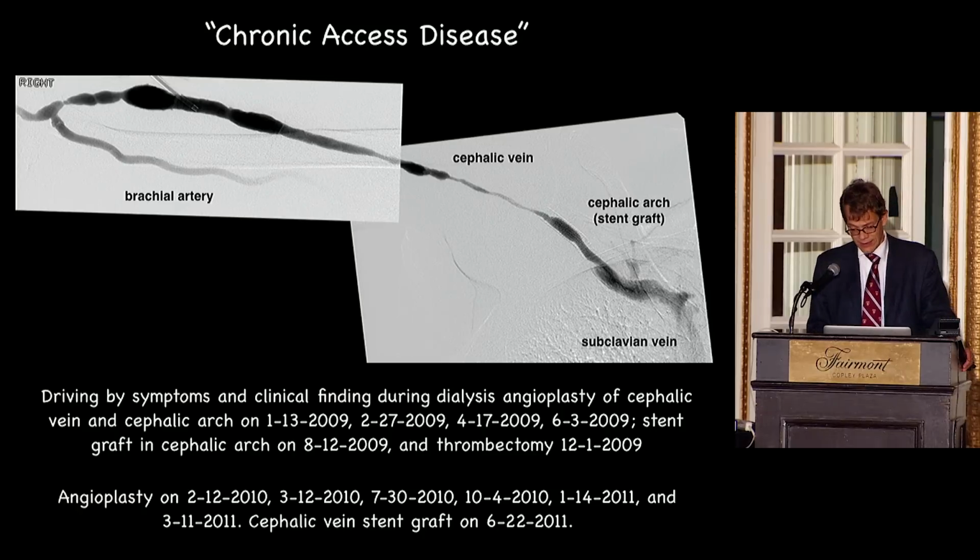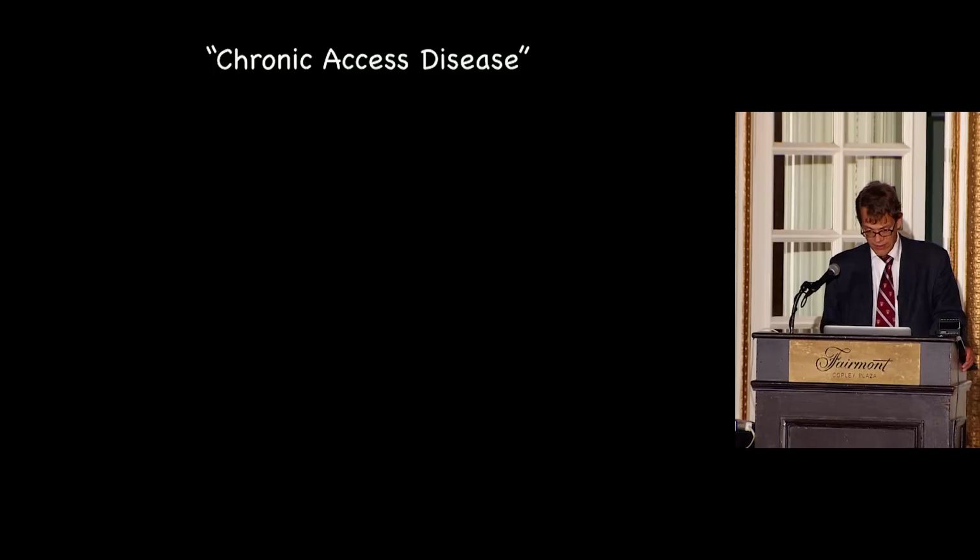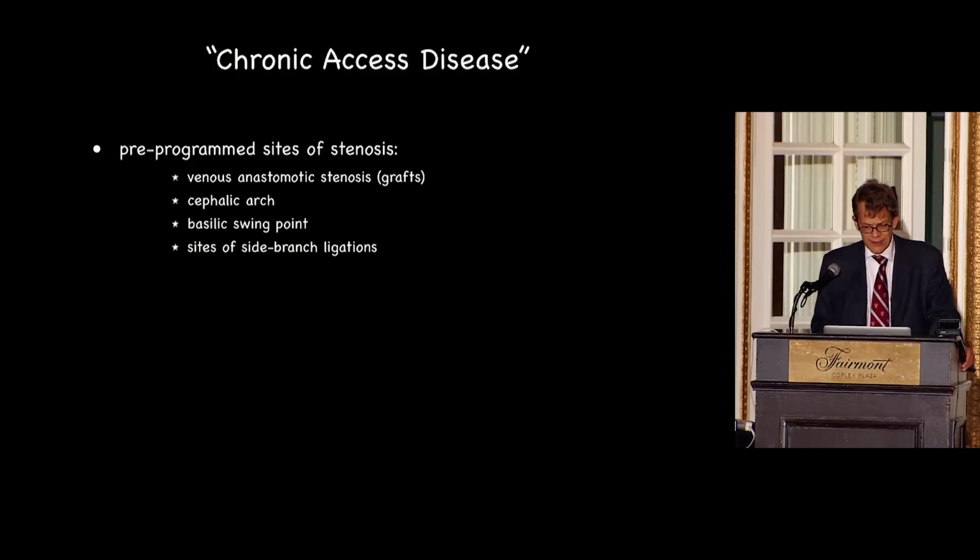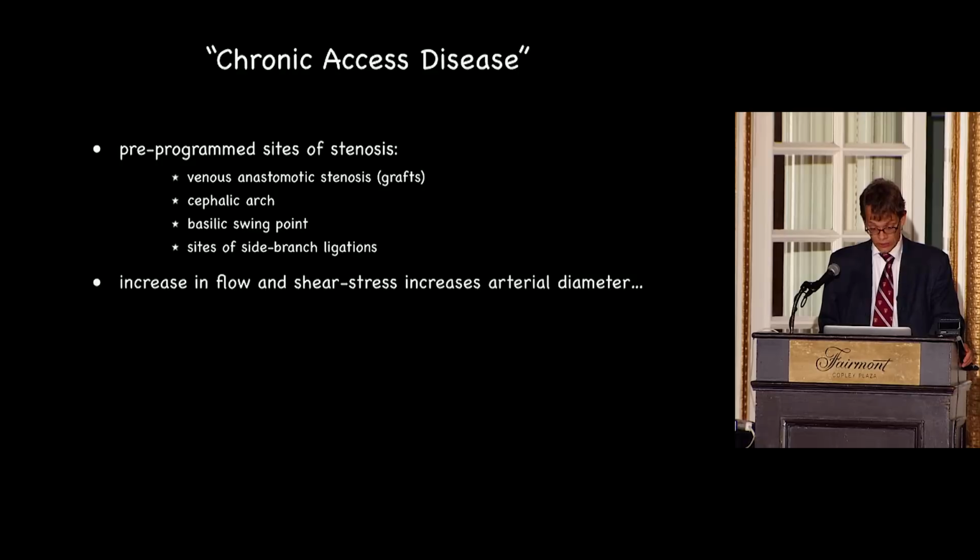Eventually this access needed another stent graft and then lasted until the lady died, but a lot of work has to be invested. So chronic access disease relates to pre-programmed sites of stenosis that, depending on the access, are in a graft at the venous anastomosis, cephalic arch, upper arm brachiocephalic vein fistula, at the basilic swing point, and sometimes at sites of surgical intervention, side branch ligations for forearm accesses.